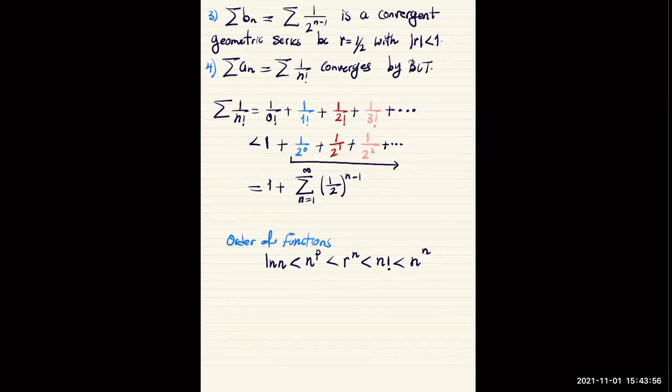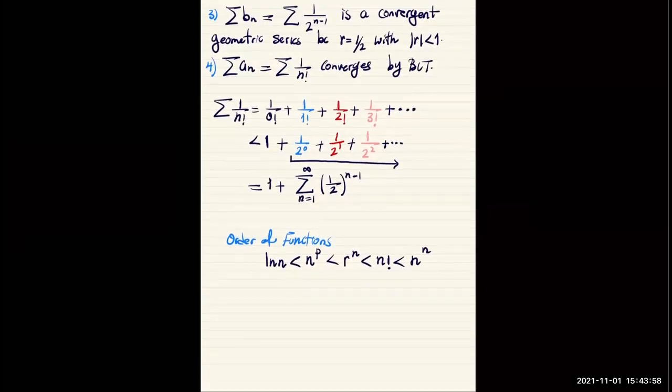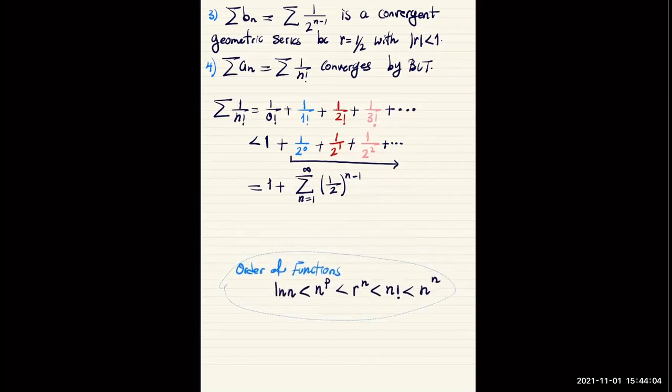And again, it's a geometric series and it's convergent. So we can actually find the value of that series using the sum of an infinite geometric series. Here, the common ratio is 1/2 and the first term is 1.